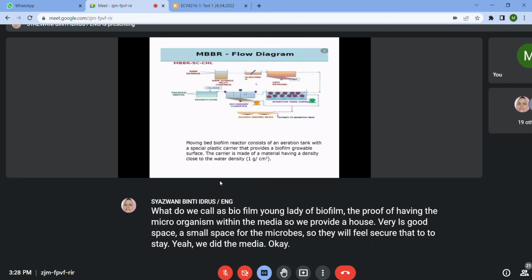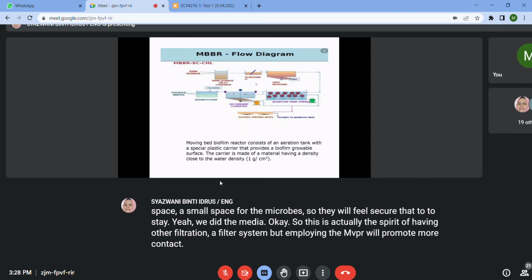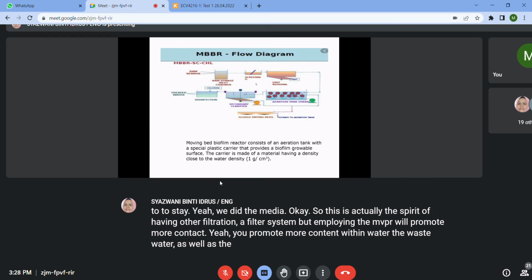This is actually the spirit of having the filter system, but employing the MBBR will promote more contact between the wastewater, the microbes, and also the oxygen.